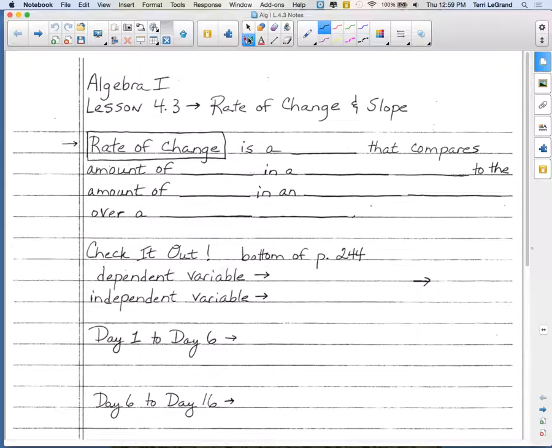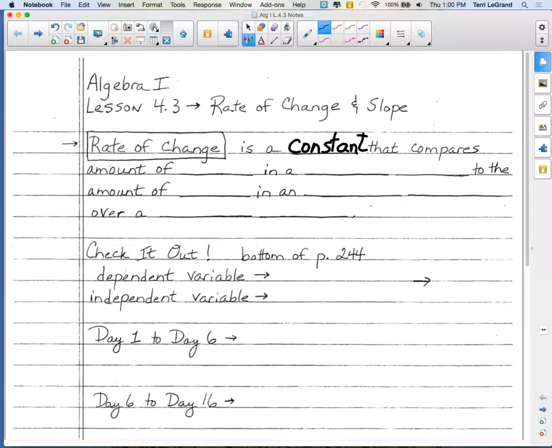So when we talk about rate of change, we've already worked with rates. When we're talking about a rate of change, that should be a constant. So we divide it out, and we should have a constant value.